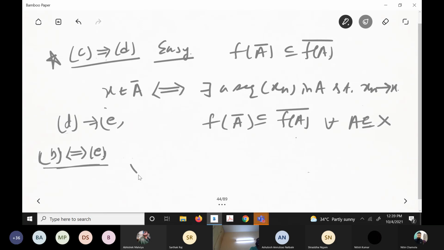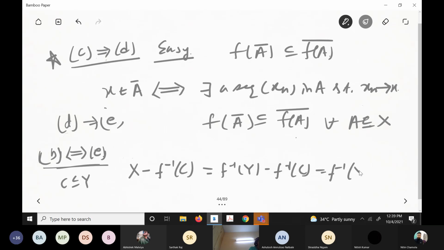Suppose X minus f inverse of C, where C is a subset of Y. This is nothing but f inverse of Y, complement of f inverse C, so you can write f inverse of Y minus C. Got it?